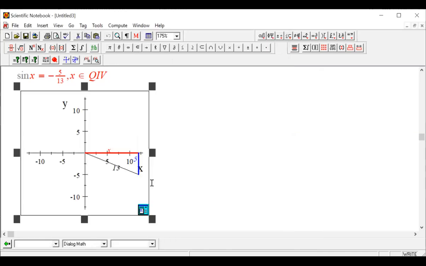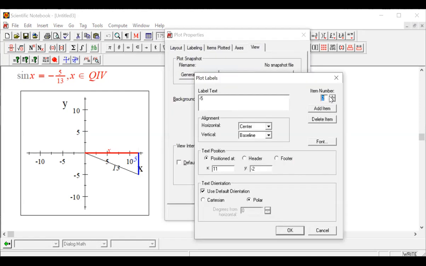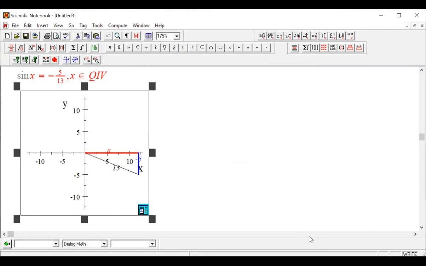And the -5 is not as visible, so I'm going to move that -5 over a little bit. There, better. X is still the same thing.